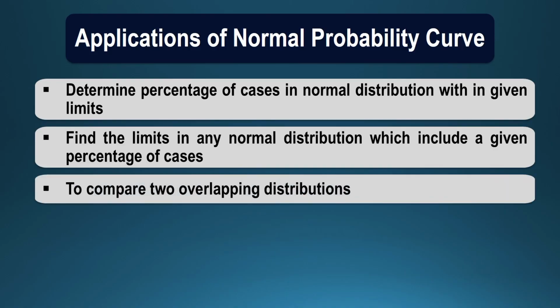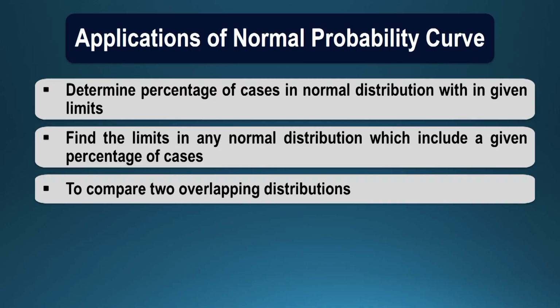If you are interested in comparing two overlapping score distributions, say boys and girls who have shown a performance on a particular test, and you have a large sample of boys and girls, and you would like to find out how many boys actually outperformed the average performance of girls, or in other words, how many girls outperformed the average of the boys, you can use normal probability curve and find out the number of cases.